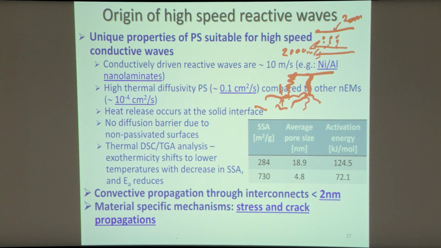So that question still remains: what is creating the high speeds without that multidimensional characteristic that you get with the pillars? And radiation could be a good reason. You could also potentially be cracking the silicon wafer because of the heat stressing, and that crack could form an interconnect downstream in which you could now have a convective wave.